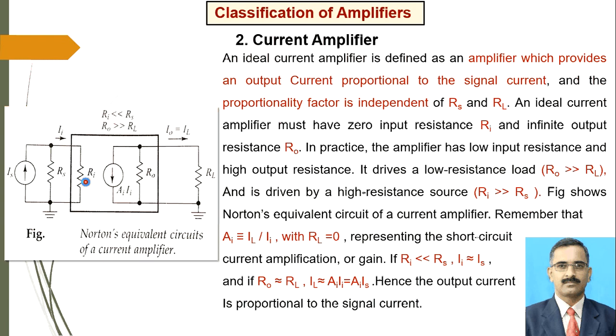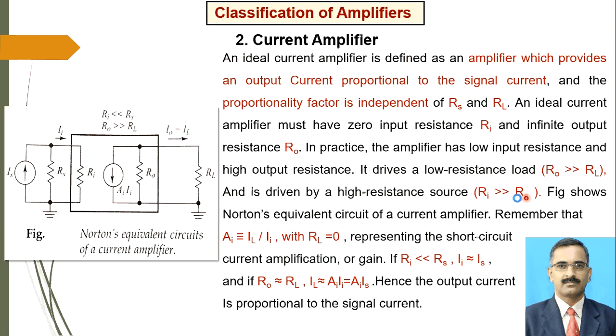Now, I want to show you one thing: by mistake, it is noted that Ri is very greater than Rs. It is not the case, because the input resistance is almost 0. So here it should be the less one. That means Ri is very less than the source resistance Rs.